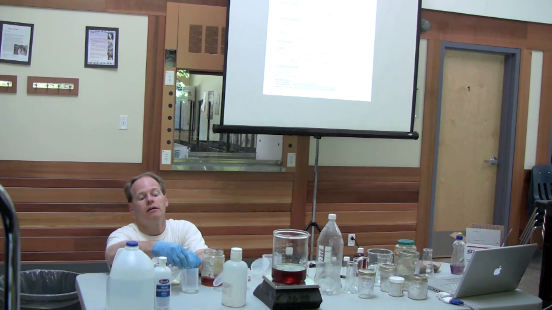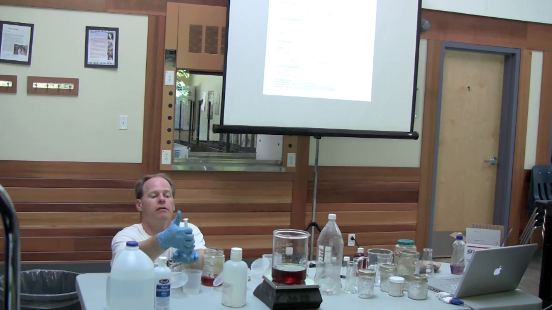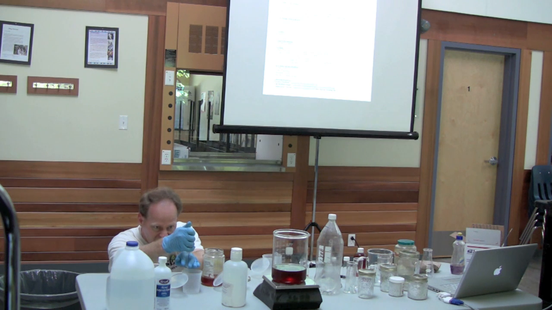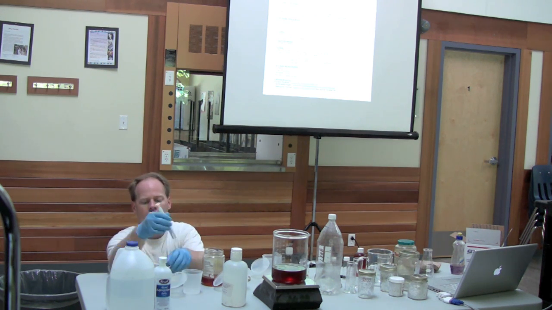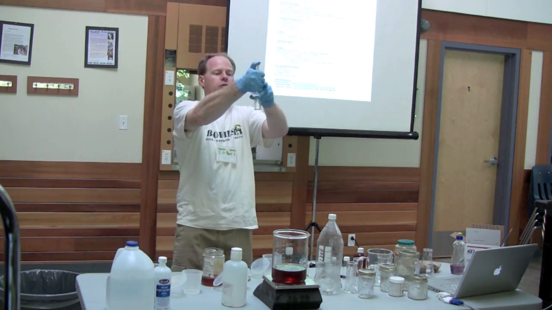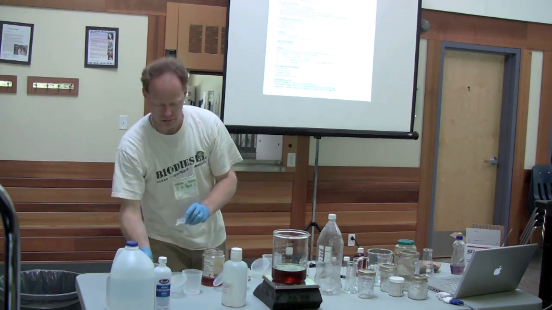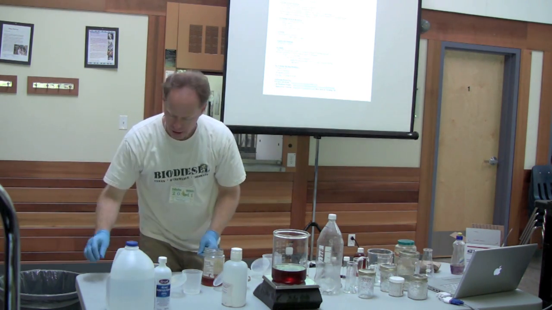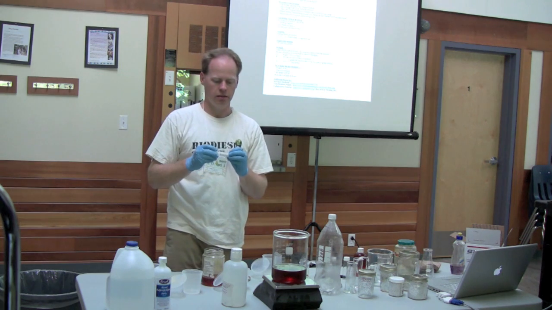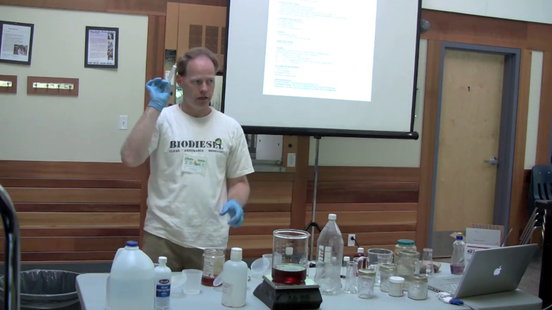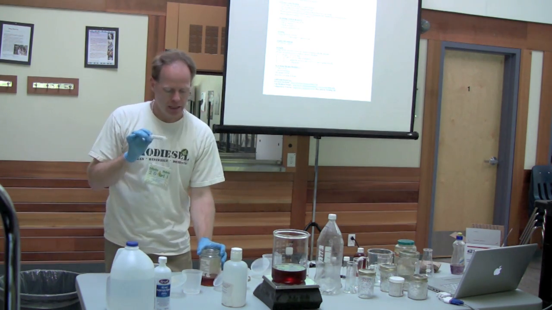So I'm going to bring that to 10. We put 10 milliliters of isopropyl alcohol in here. Okay. And then I'm going to put a milliliter of the oil that I'm titrating.